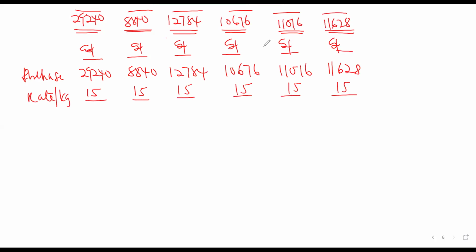How much are we getting for the first one? 438,600. Second one is what? 132,600. Okay, third one is 191,760.